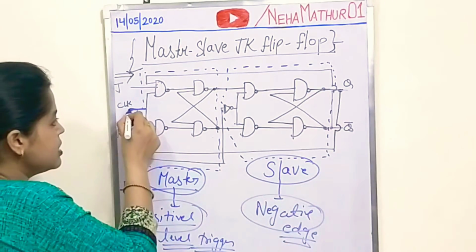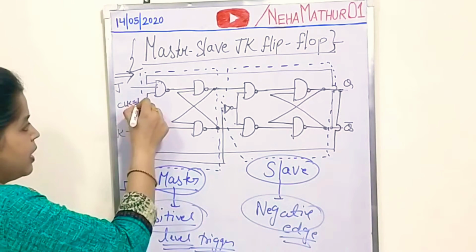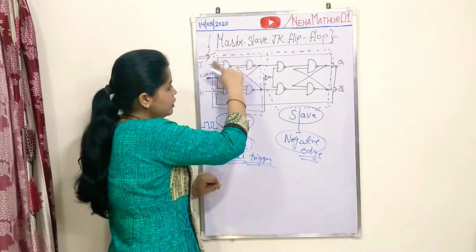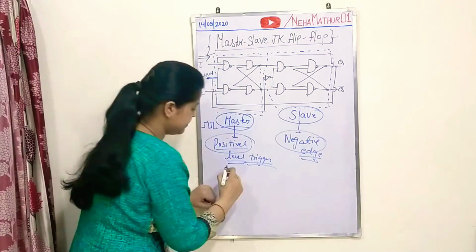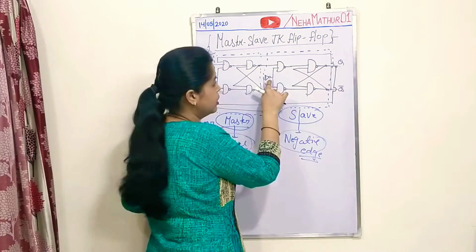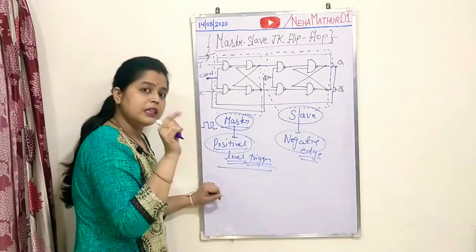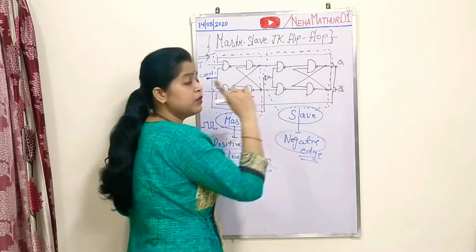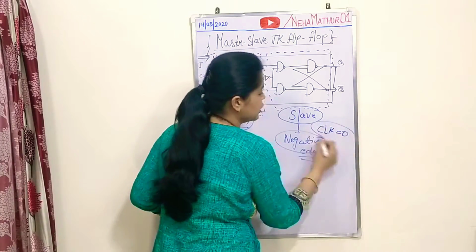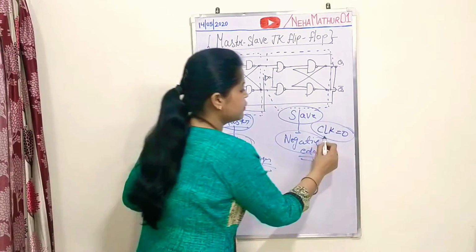Why? Because suppose I apply 1 at the clock, then for this one the circuit will be active, while this one will become 0 for this section, just because I am using an inverter over here. That's why your back circuit will work whenever your clock equals 0. So your back circuit is operated with clock equal to 0.